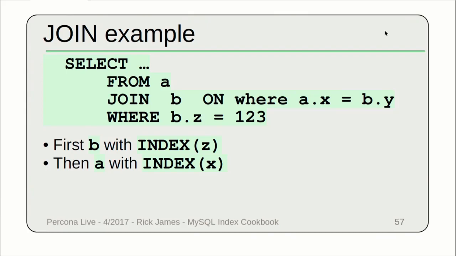And it needs index Z to do the filtering. Now it's going to reach into the other table, and the only thing it has is, okay, got to reach in via X. So those two indices work best for this query. Of course, queries can get messier, so I haven't covered that.